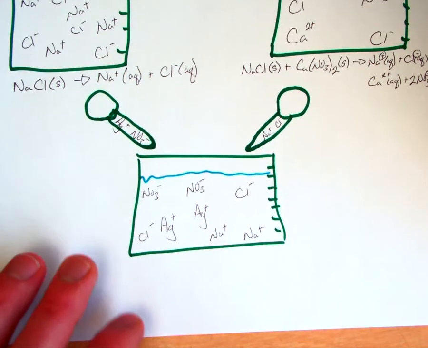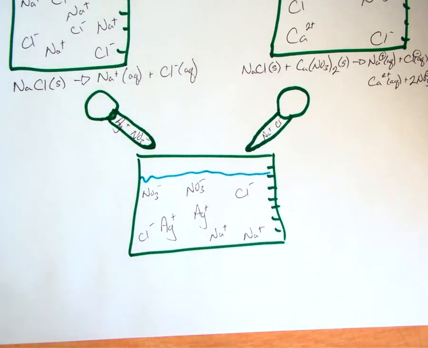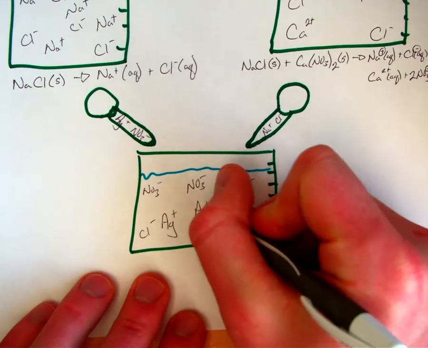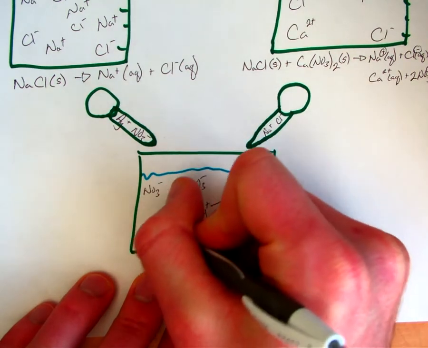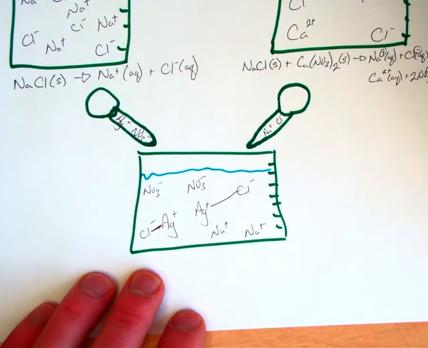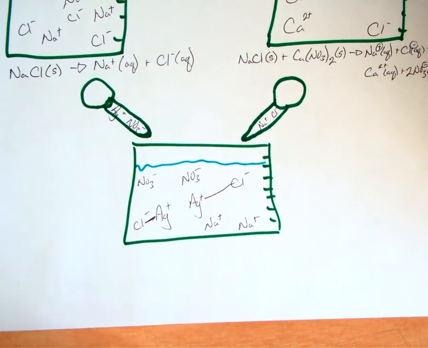Okay, so as they separate and they start to intermingle with one another, we're going to recognize that silver and chlorine have this strong attraction to one another. They will be bound to one another, in fact. The attraction between silver and chloride is greater than the attraction between their respective ions in water.